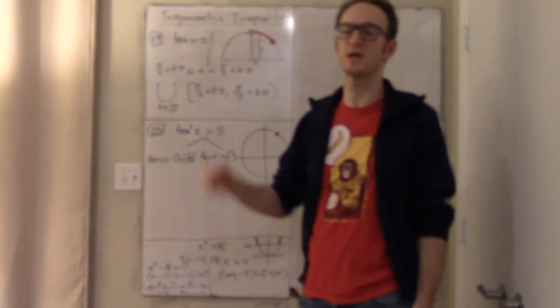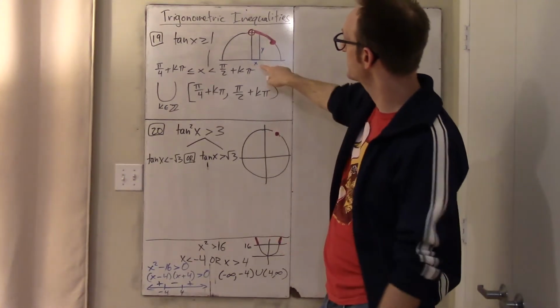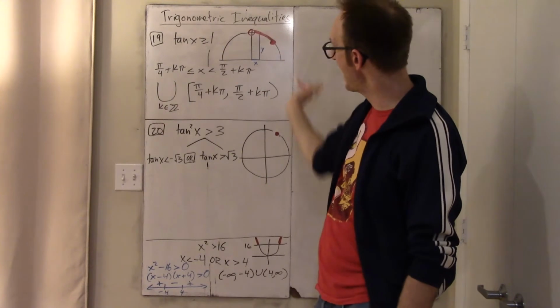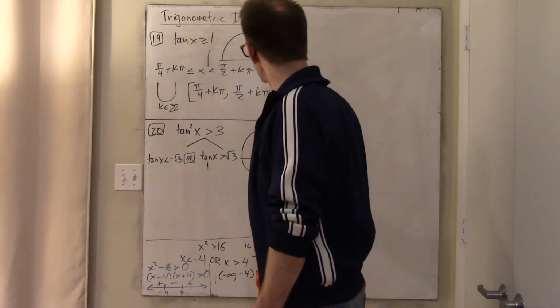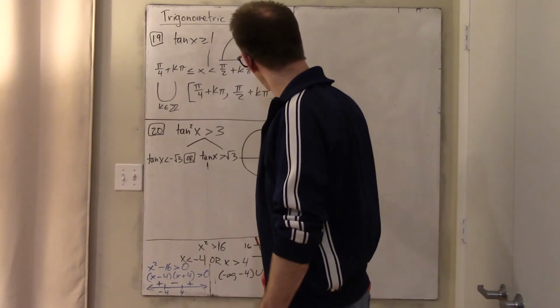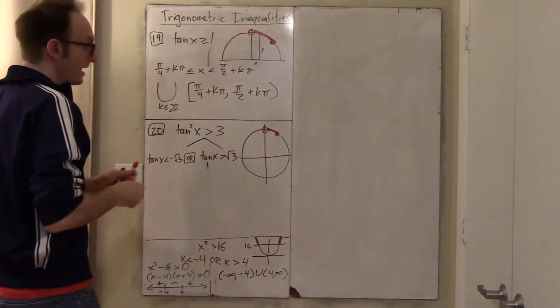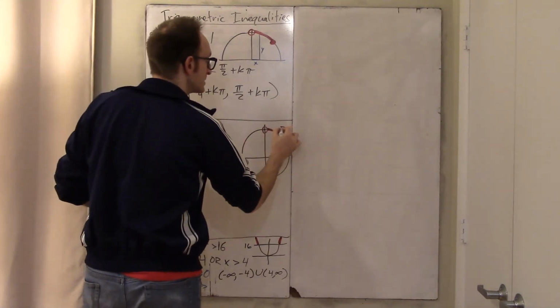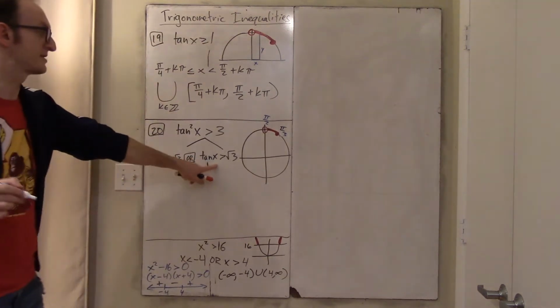Tan of pi over 3 is root 3 over 2 over 1/2, so that's root 3. And as we discussed, as x gets closer and closer to pi over 2, the tan gets larger and larger. And so the answer to this problem is all of this. It's everything from pi over 3 to pi over 2.